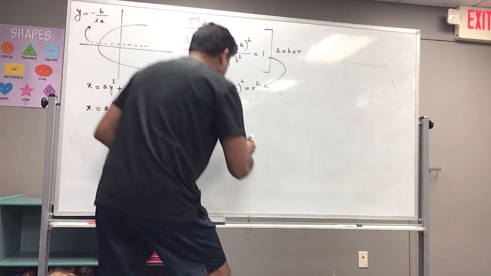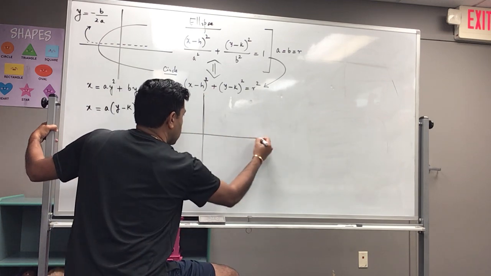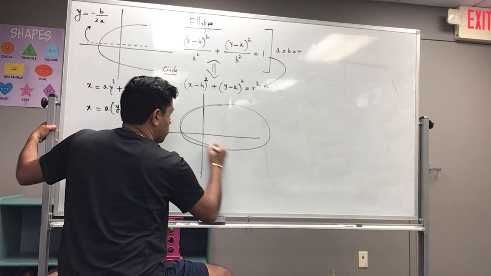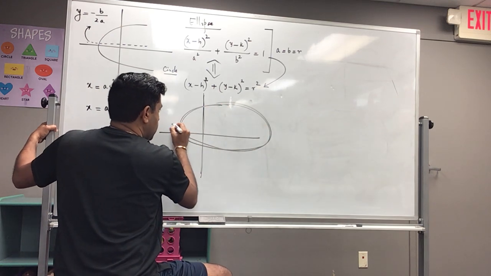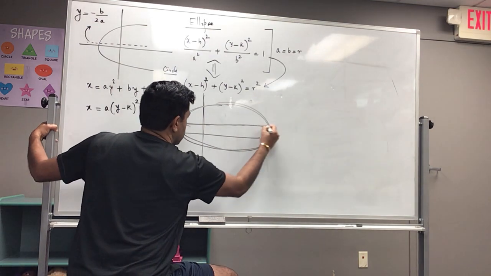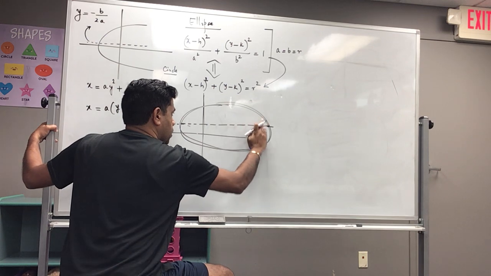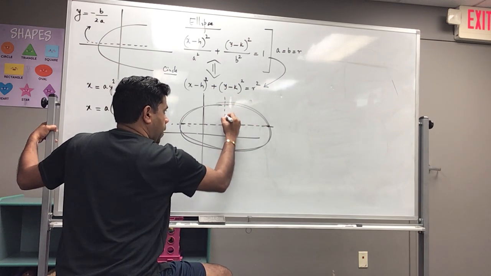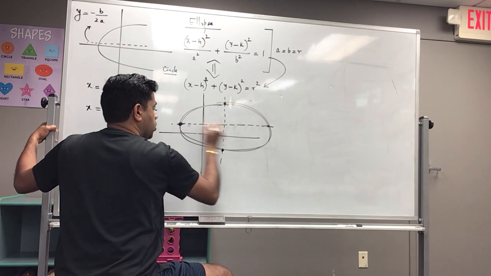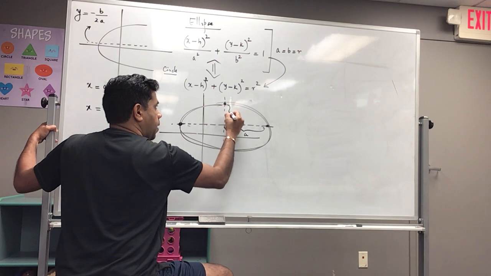If I draw the ellipse, you'll see that much more easily. So if this is the ellipse, this is my major axis, which I draw in dotted line. And this is my minor axis. These are the crucial points here. And this is my a, and this is my b.